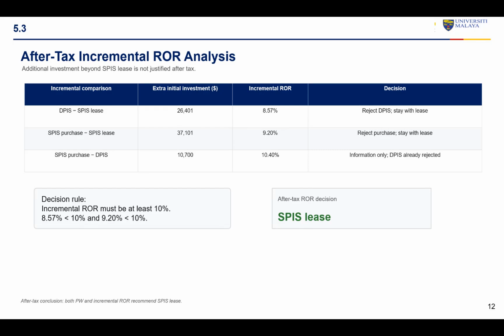Although the incremental ROR between SPIS purchase and DPIS is 10.4%, it's not the controlling comparison because DPIS has already been rejected against SPIS lease. Therefore, the after-tax ROR method recommends SPIS lease.